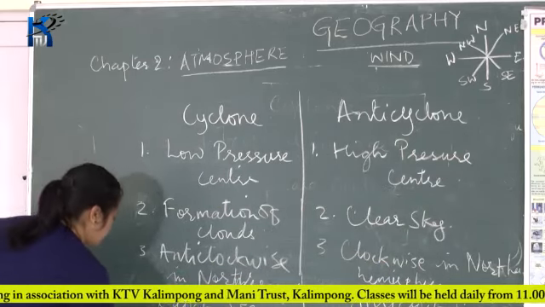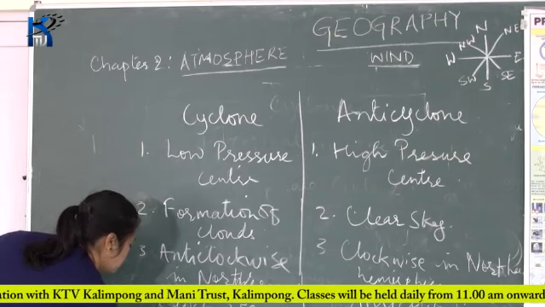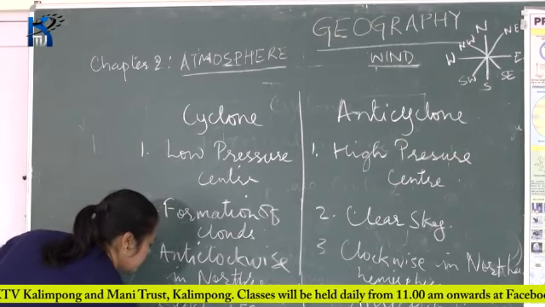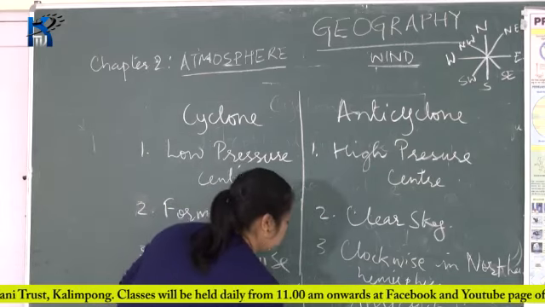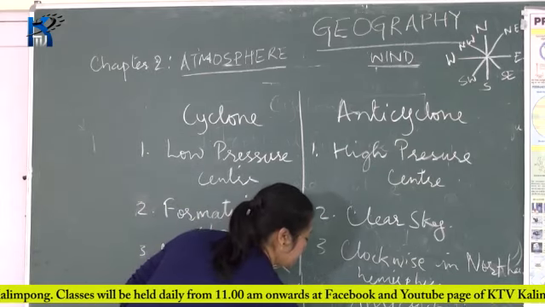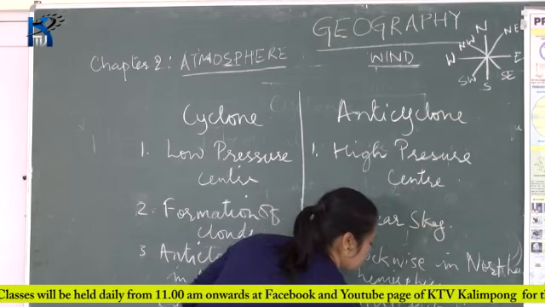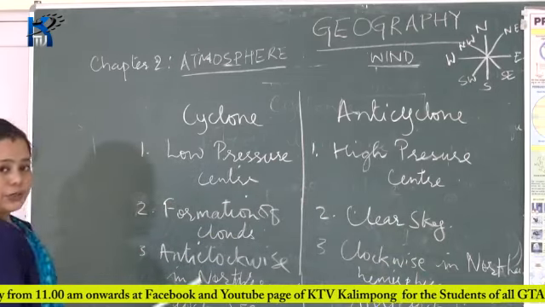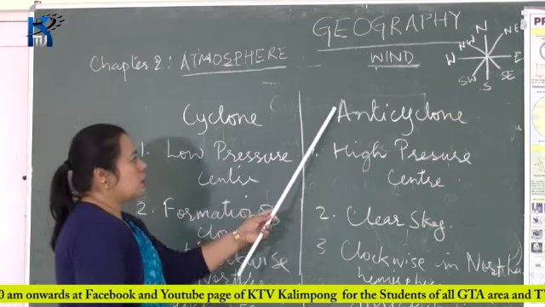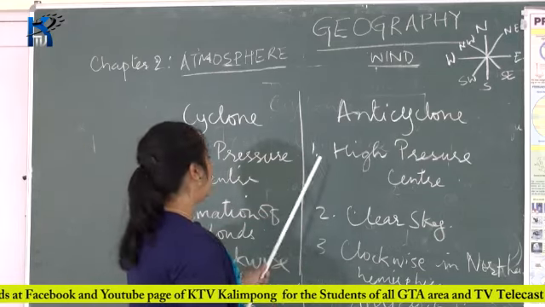Cyclones bring violent wind or thunderstorms. Anticyclone brings calm weather. Cyclones are destructive in nature. Anticyclone is mild in nature.